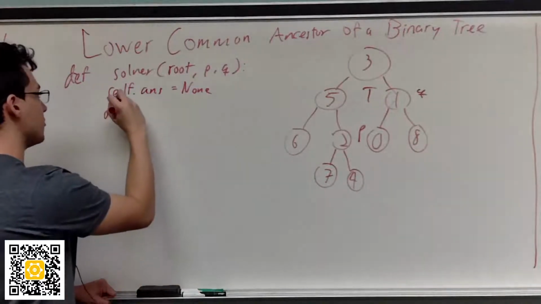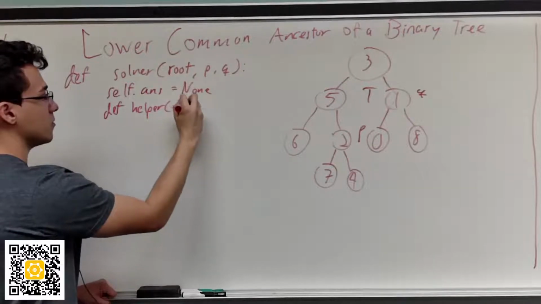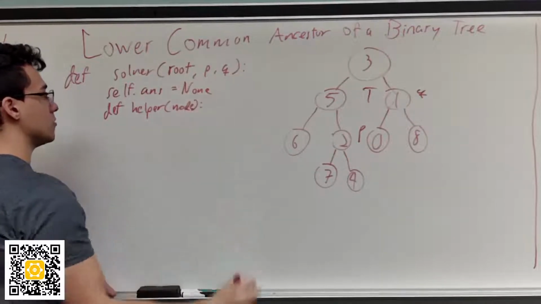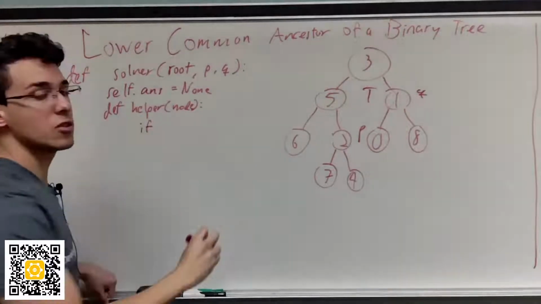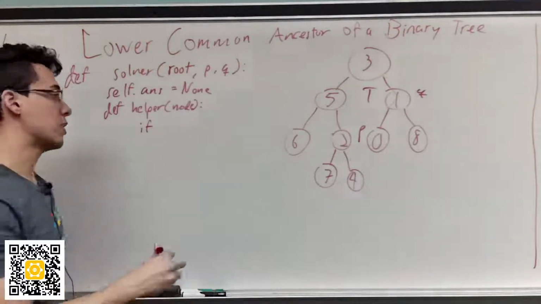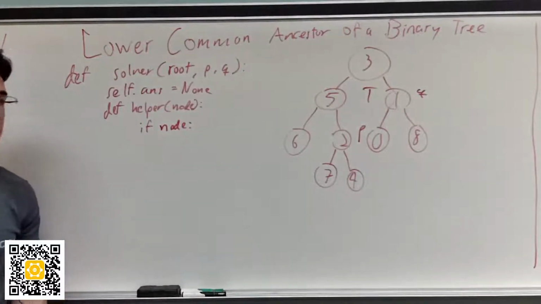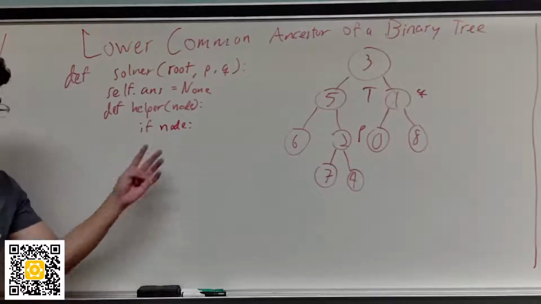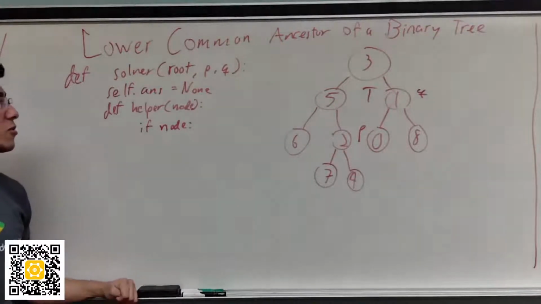And then we have a helper function, and this is the recursive one. We put the condition that the node is valid, or else do something else. Okay, so let's say we're at a valid node.